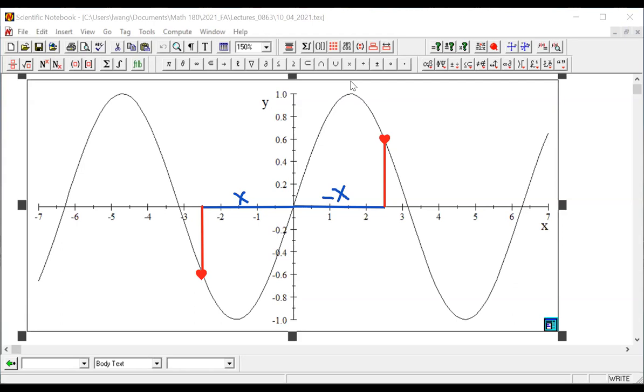So for all these even functions and odd functions, we don't need to worry about whether the function is one-to-one or not. Even functions are not one-to-one. Some odd functions are one-to-one, some odd functions are not. The relationship between even, odd, and one-to-one is a separate discussion.